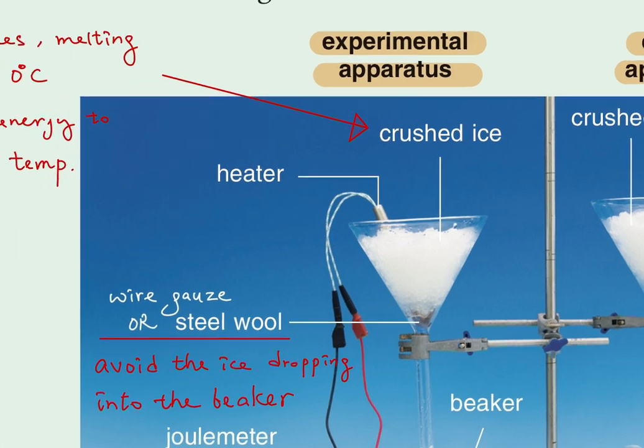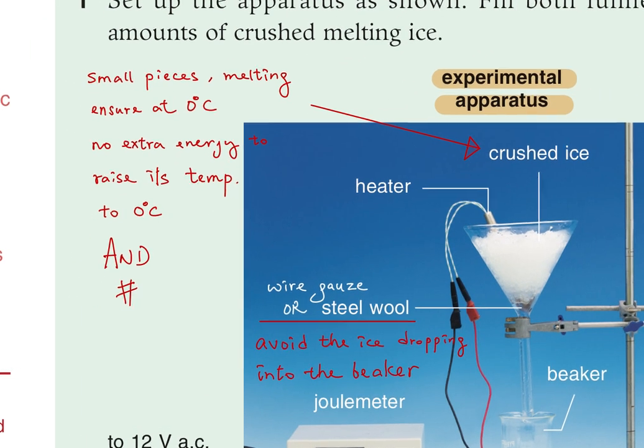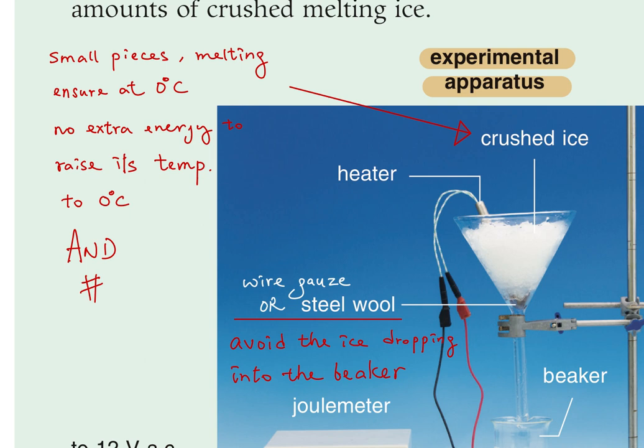On the left-hand side is the experimental apparatus. In this case, the ice is melted by the surroundings as well as by the heater here. Crushed ice is used in both setups because crushed ice is in small pieces and it is usually melting, so we don't have to provide extra energy to increase its temperature to 0 degrees Celsius.